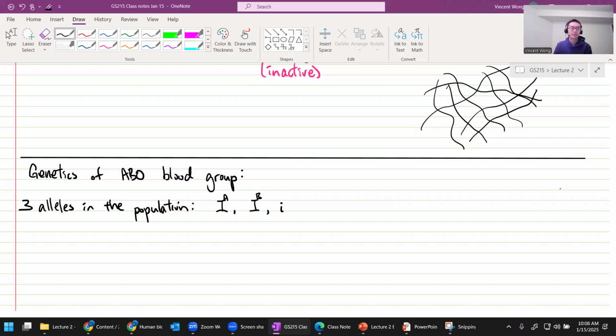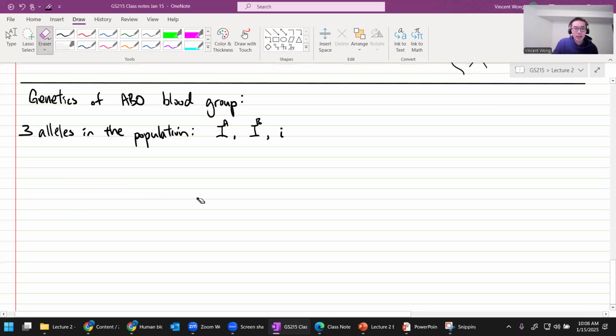Two is correct because we are diploid, right? We have two sets of chromosomes. You will inherit one allele from mom and one allele from dad. So even though there are three alleles, at most you can have two different ones. So how many combinations can we generate? Well, let's check this out, okay?